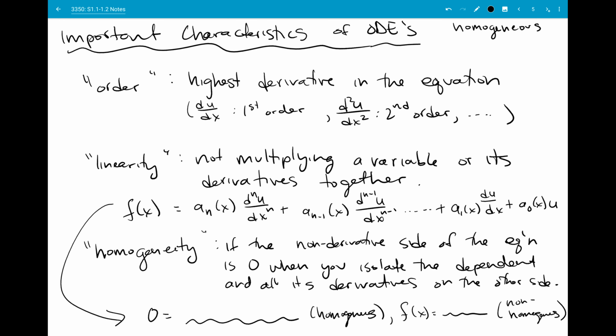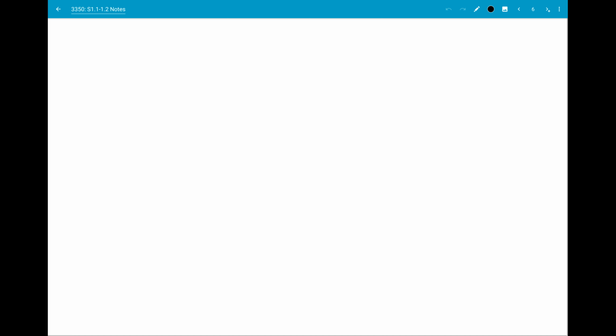I think it's spelled like that, homogeneous and homogeneity. Yeah. Just being able to recognize that that 0 is important is really what's going to matter here. Being able to spell it or remember that word off the top of your head isn't going to be as important.